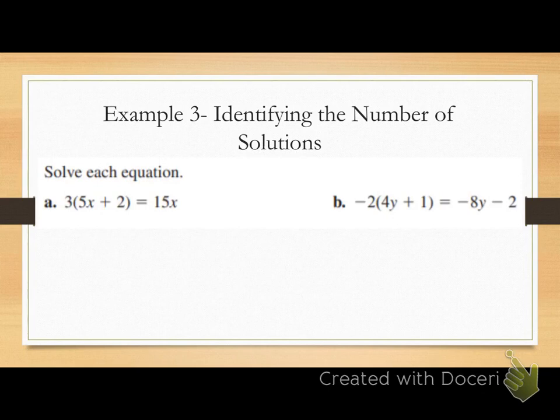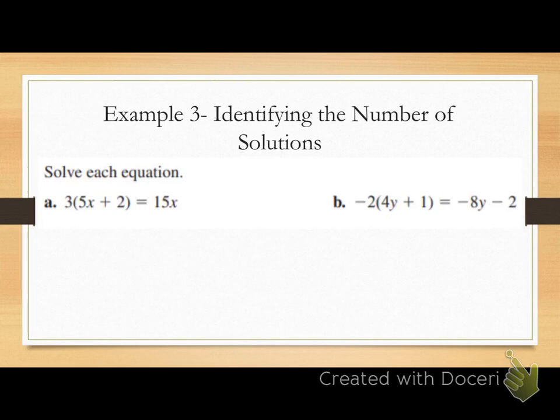Solve each equation. We've got 3 times (5x plus 2) equals 15x. What do I need to do first here? Distribute, yeah.